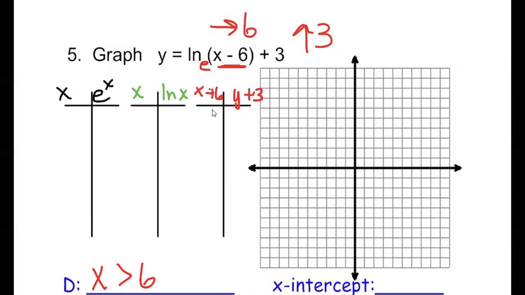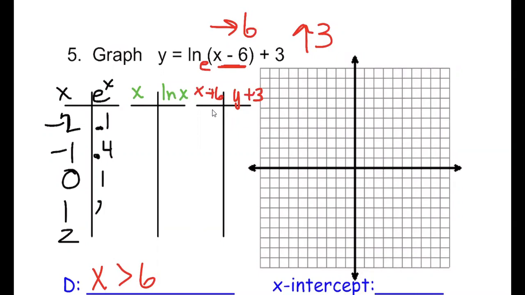So plug in negative 2, negative 1, 0, 1, and 2 into a calculator and get values. Now, normally I want you to use 4 decimal places, but if we're graphing, we can only go to the nearest tenth. That's the accuracy with which we can graph. So e to the -2 is like 0.14, so we'll graph 0.1. E to the -1 is like 0.4 something. E to the 0 is 1.